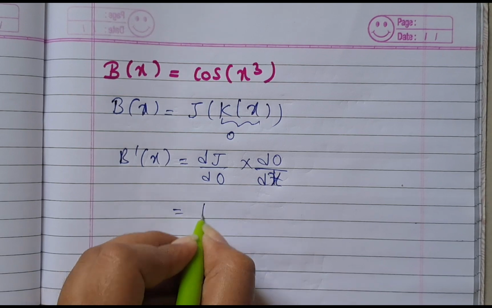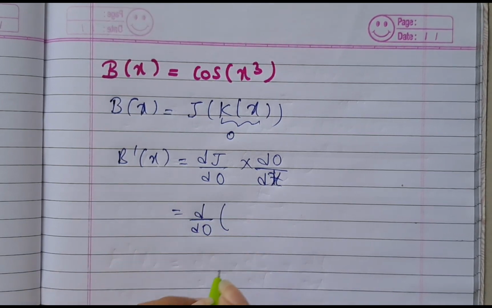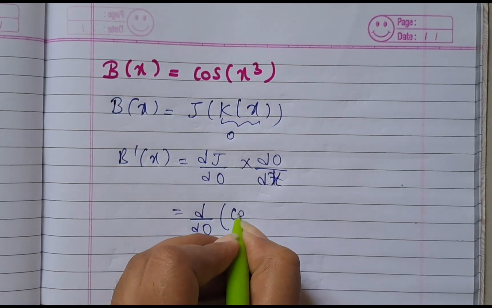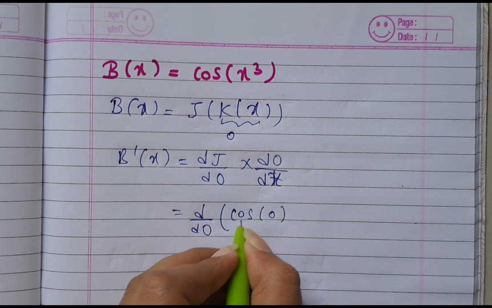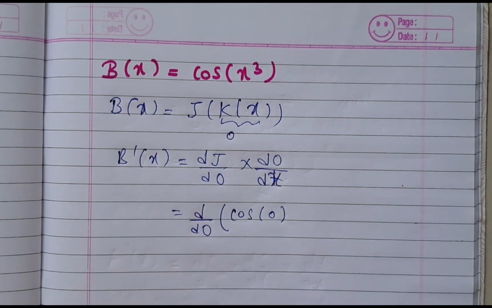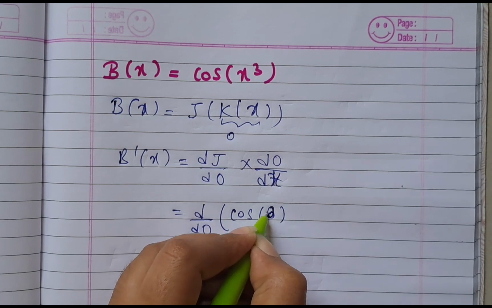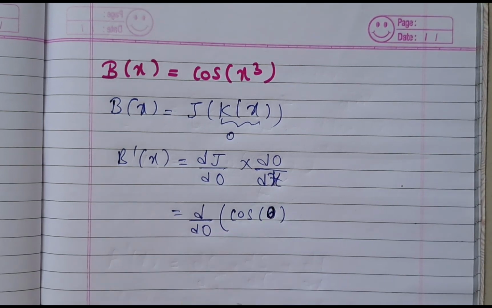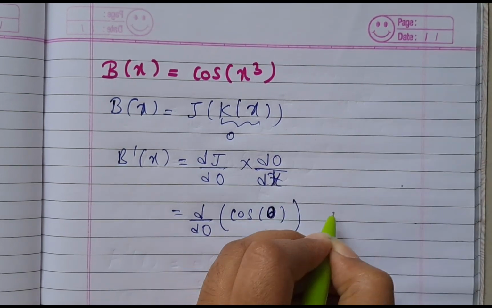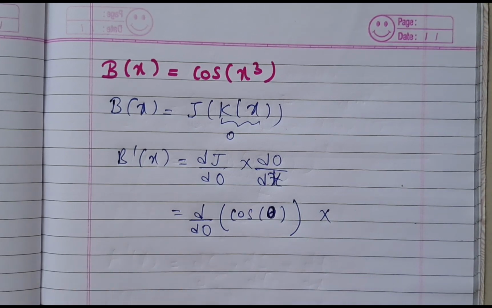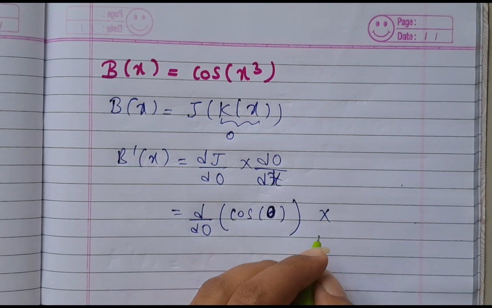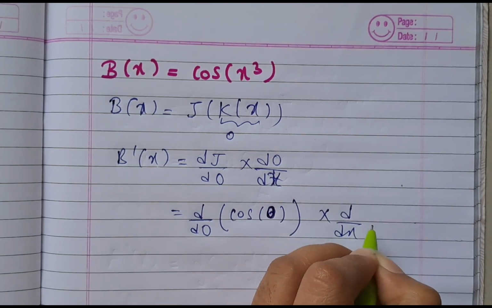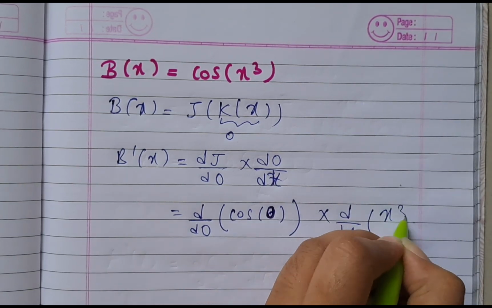So now we have d by do of j. So j here is what? Cos. So it will be cos of o. Don't consider this as cos 0; if you're getting confused, just write it as a bigger O. It is not cos 0. And if you're confused, just take another variable instead of O. You can take any other variable. And then we have d by dx of O, which is x cube.